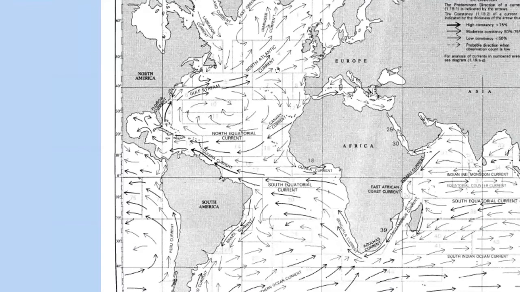And the North Atlantic Current is connected to the Canary Current and to the North Equatorial Current, and then goes back to the Florida Current and Gulf Stream. So it just goes around, which is clockwise. And in the southern hemisphere, it is counterclockwise.